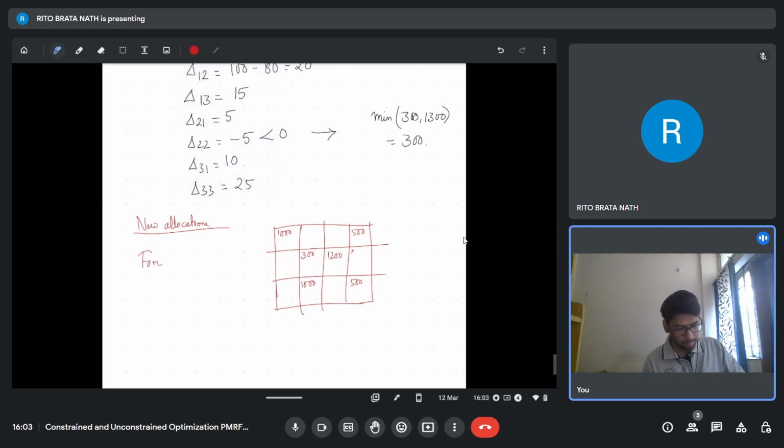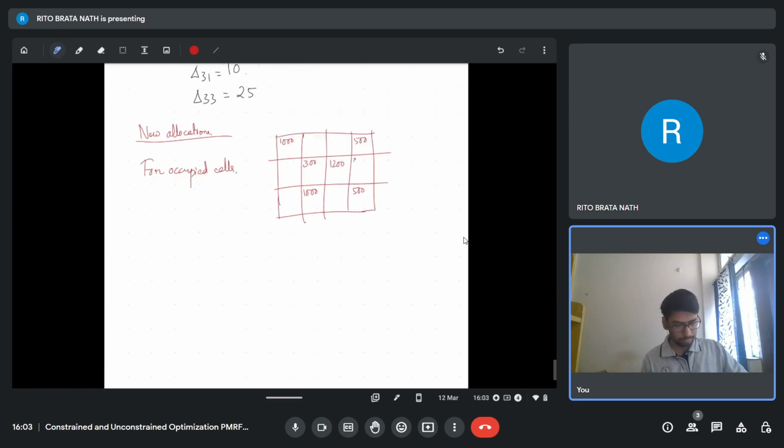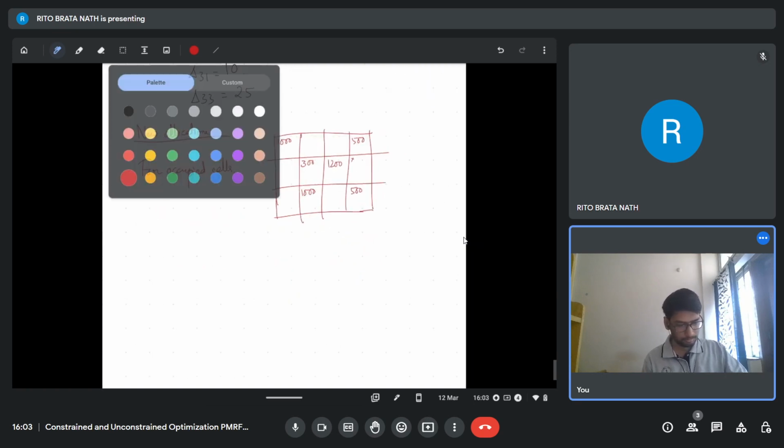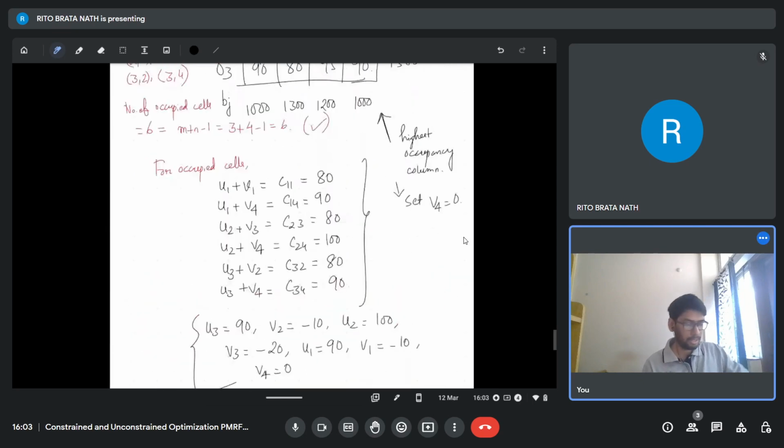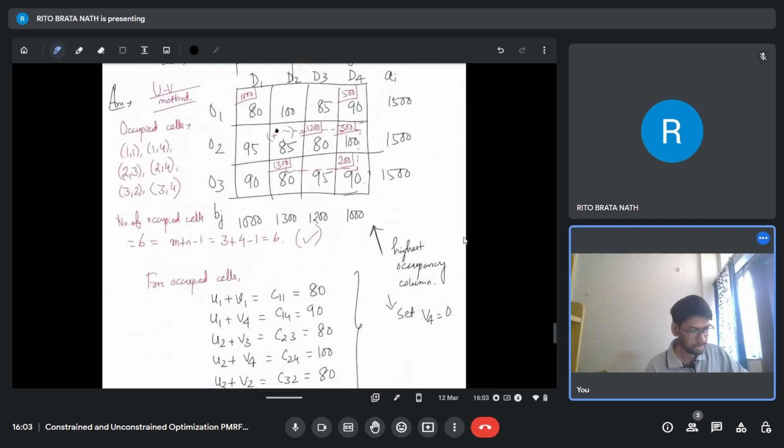So for occupied cells, it's again U1 plus V1 equals 80, U1 plus V4 equals 90, U2 plus V2 is the new thing that has been introduced, and that cost was C22, which is 85.